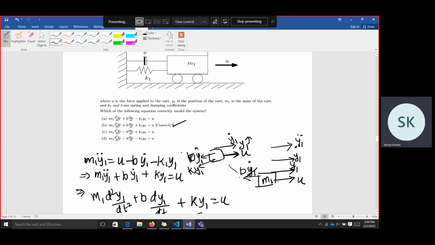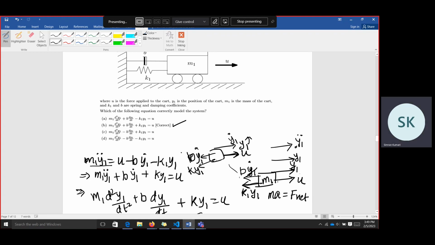So it will also have a resistive force which is K1 y1. Now you just have to apply Newton's law. So MA equal to F net. This is what I have done here.